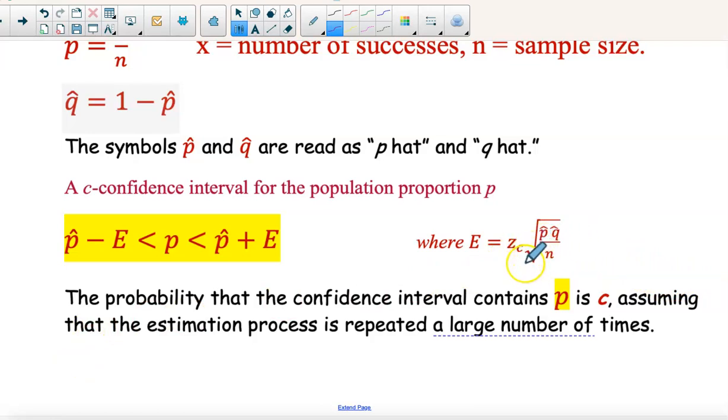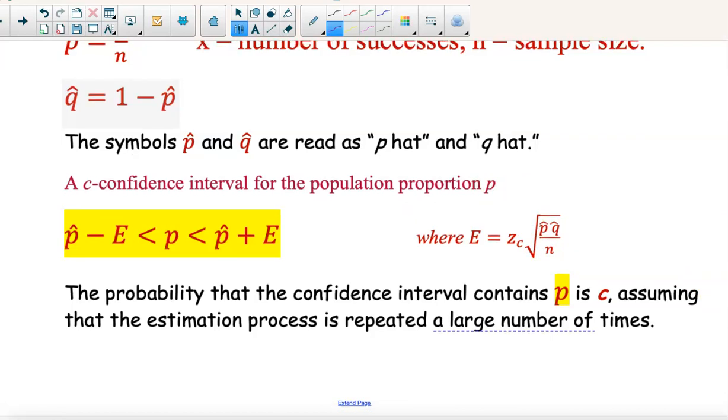How do you get this Z value? That times the square root of p hat times q hat divided by n, where n is the sample size. Once you find this population proportion, the probability that the confidence interval contains p is c, where the interval is lower value, comma, higher value, assuming that the estimation process is repeated a large number of times.